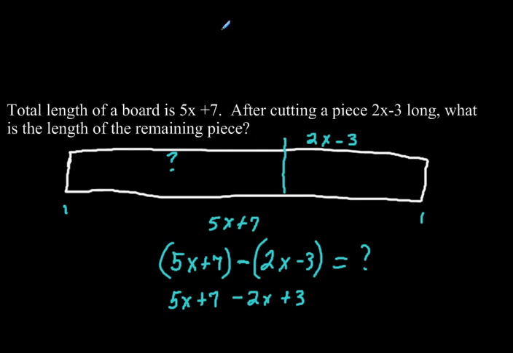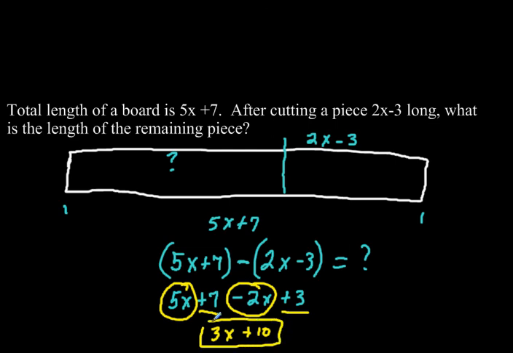The 5x goes with the negative 2x because x to the 1, x to the 1. And the plus 7 goes with the plus 3. So 5x minus 2x gives me 3x, and 7 plus 3 is 10. So there is the length of the board that is remaining, and that's my answer.